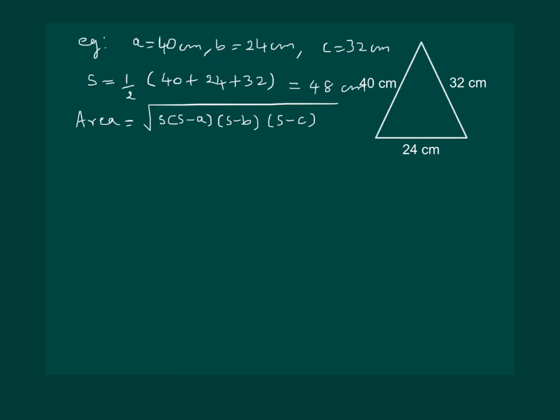Now by Heron's formula, area is equal to under root of s into s minus a, s minus b, s minus c.